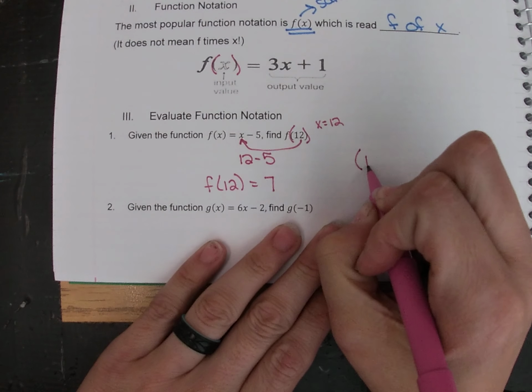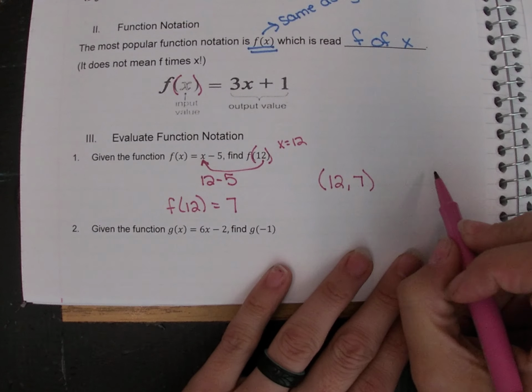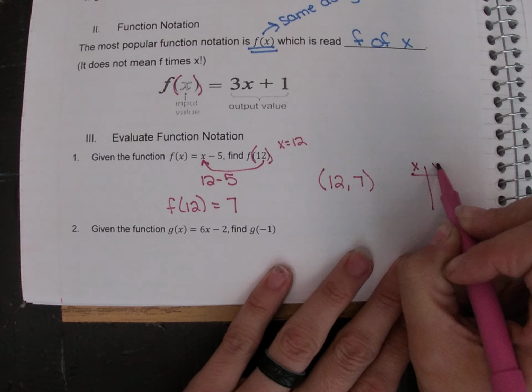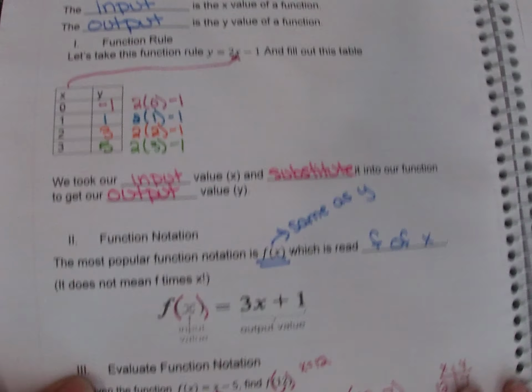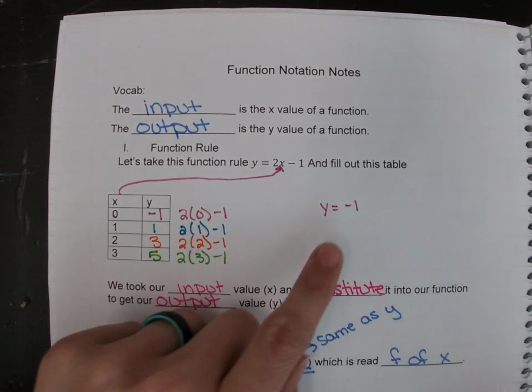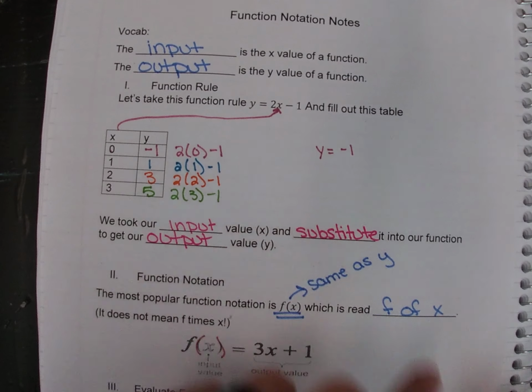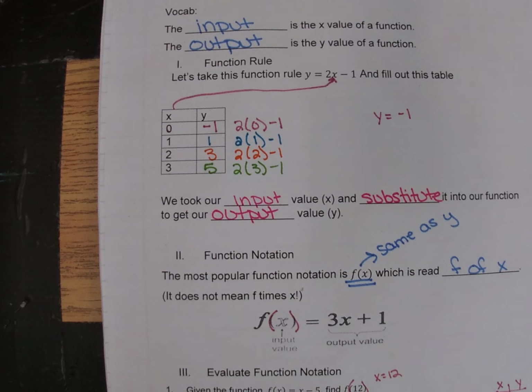It would be the same thing as x being 12 and y being 7, or if we were to write that in a table, 12, 7. Whereas on these problems up here, we just got an output that would say something like y equals negative 1, but I need that to be written over here for me to see the x value that went with it.